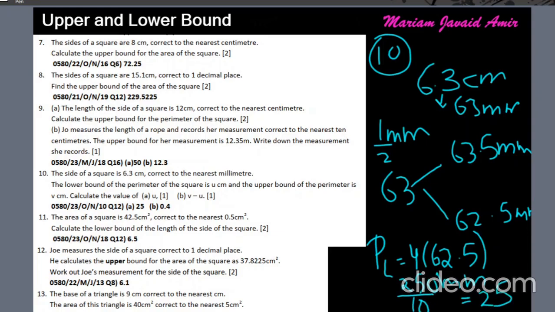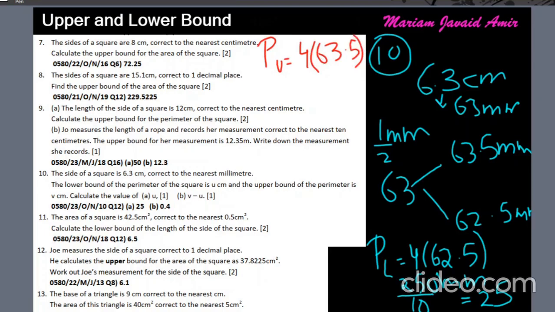Similarly, calculate the value of v. The upper bound for the perimeter is v. So how do we find v? v is the upper bound perimeter. That would mean 4 times the upper value.